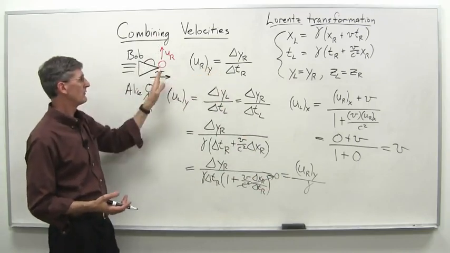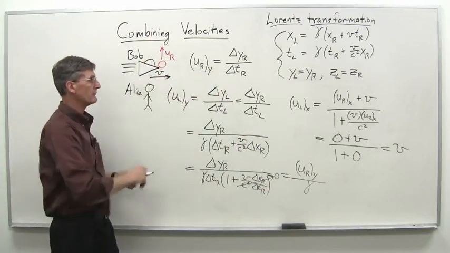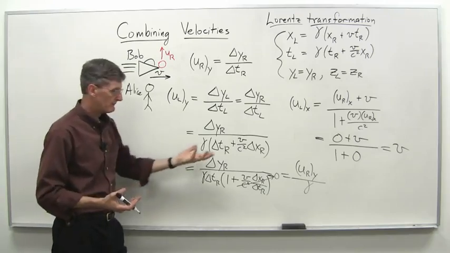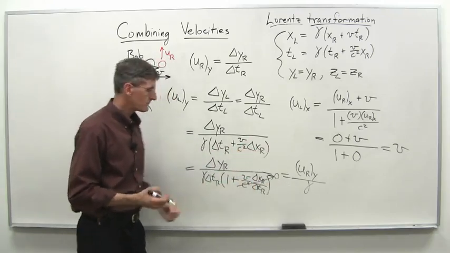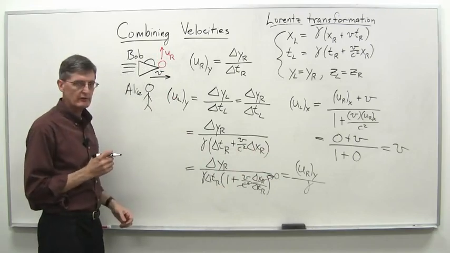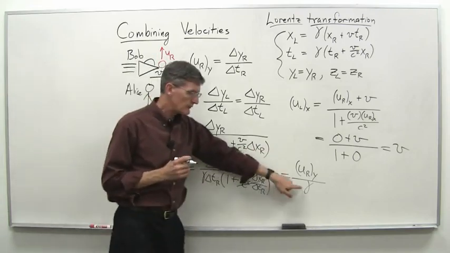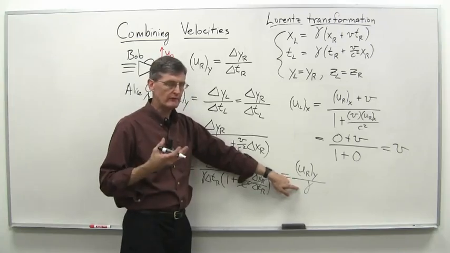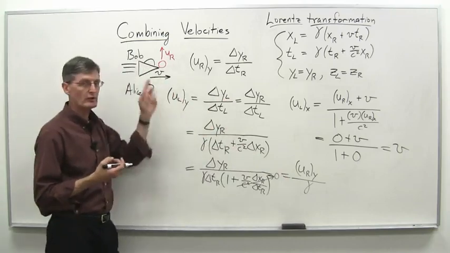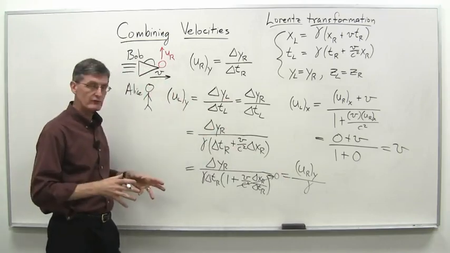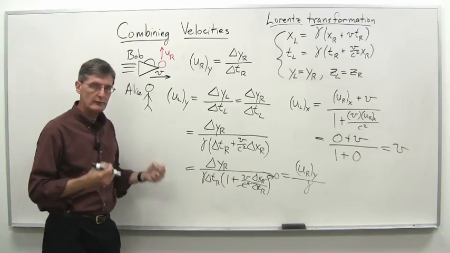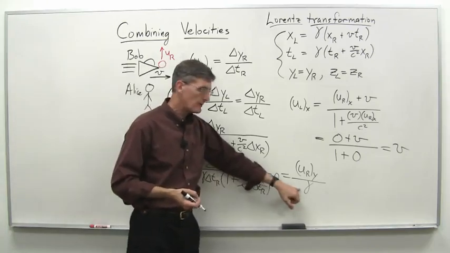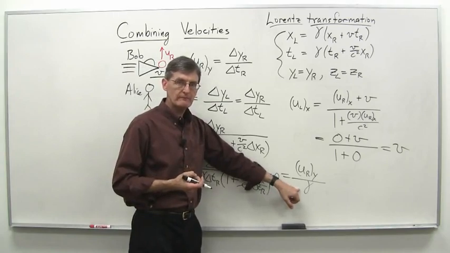So whatever velocity Bob sees, shooting up, that's going to be divided by gamma. Note one very interesting thing here: gamma is in the denominator. So as the velocity of the pod shooting up gets faster and faster, closer to the speed of light, remember what happens to gamma? Gamma gets close to infinity.